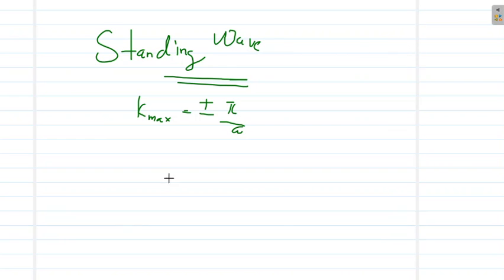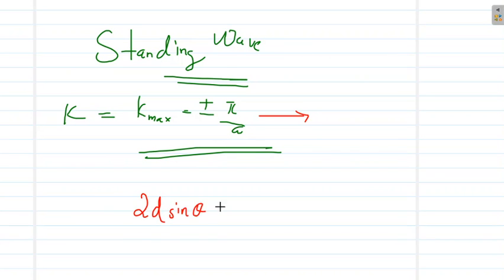Now this particular condition of k value, when k equal to plus or minus pi by a, is the Bragg condition of reflection within a crystal. Just like the Bragg's condition that we discussed in the case of an X-ray falling over a crystal, the same Bragg's condition applies even in the case of a vibration that is propagating through the crystal. So let us discuss this condition. We generally know the Bragg's condition is given by 2d sin theta equal to n lambda.